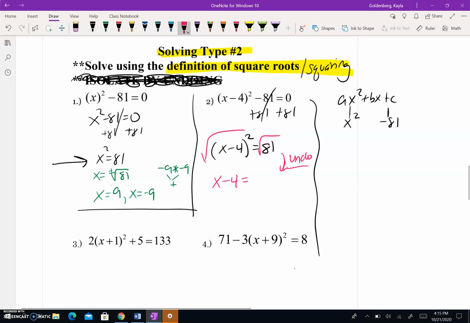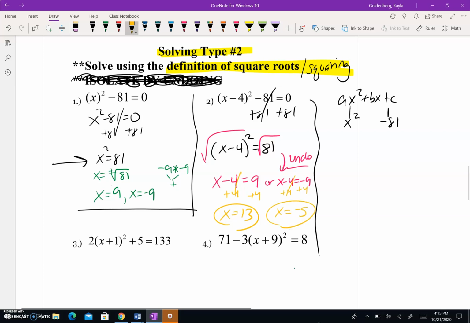And x minus 4 could either equal a 9 or x minus 4 could equal a negative 9, because a negative 9 times a negative 9 is also a positive 81. So from here you're going to do your solving. Just add 4 to both sides. Looks like x could have been a 13. Add 4 to both sides, and x could have been a negative 5.